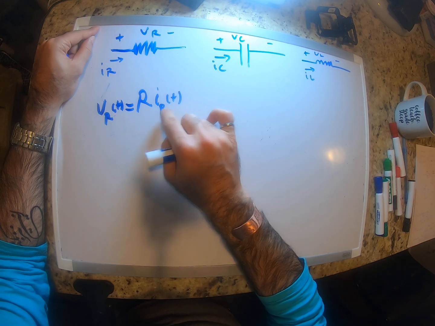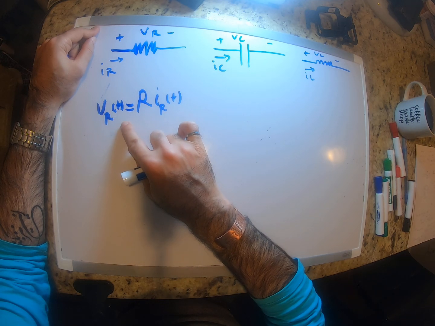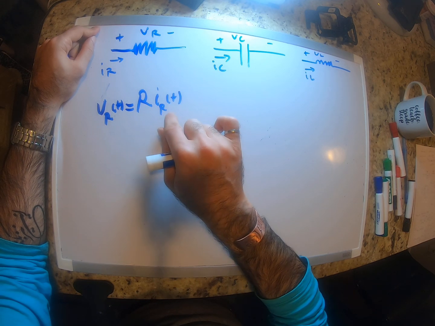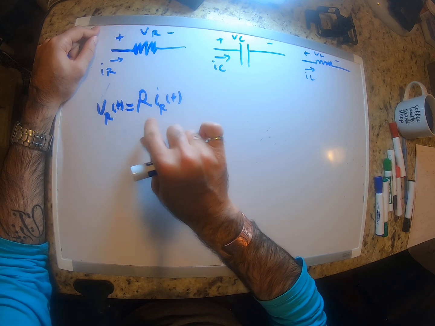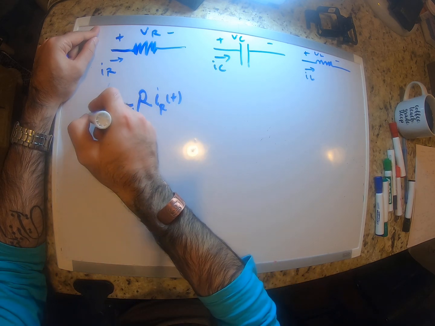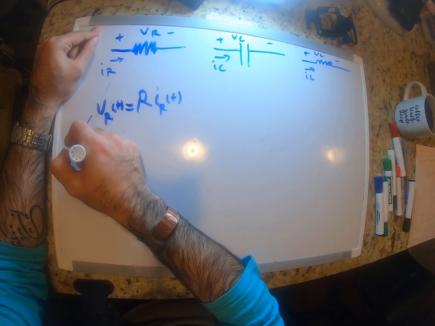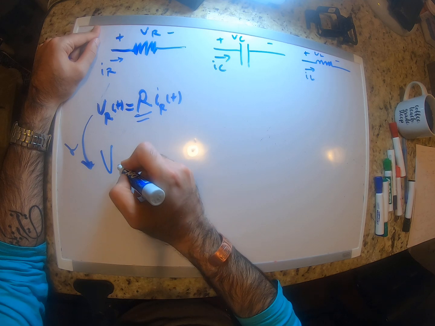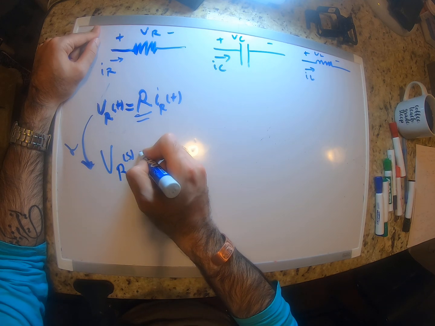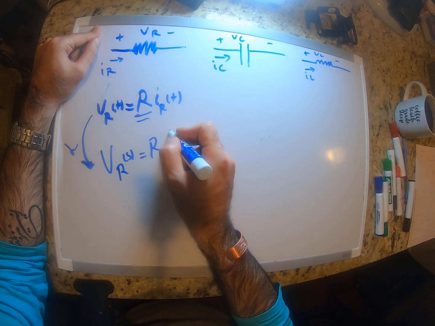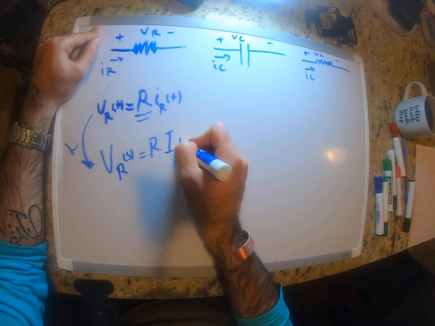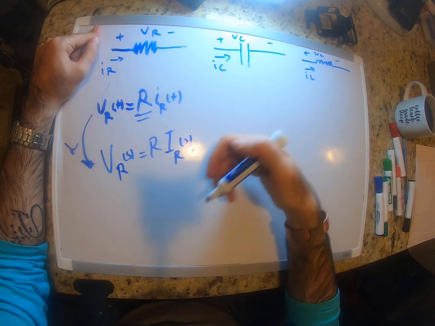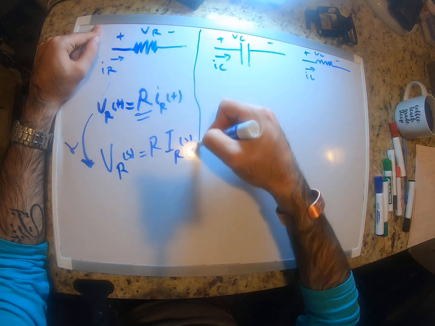It means that at each moment, the voltage and current are related like this. If I take the Laplace transform, assuming R is constant, we have that V_R in the s domain is the same as R I_R in the s domain. So they're exactly the same. For a resistor, it's very simple.